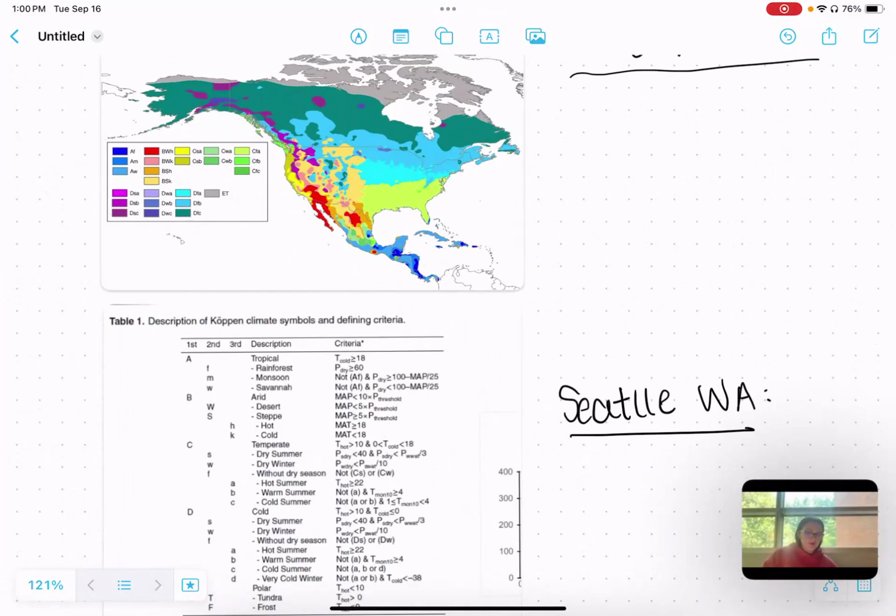This top one is just a zoomed in version of the United States showing the different Koppen Geiger classifications. On the slides, there is one that is the whole globe. For the purposes of this class, we will primarily be focusing just on the United States, or just North America in general. So this one breaks it down by different classifications.